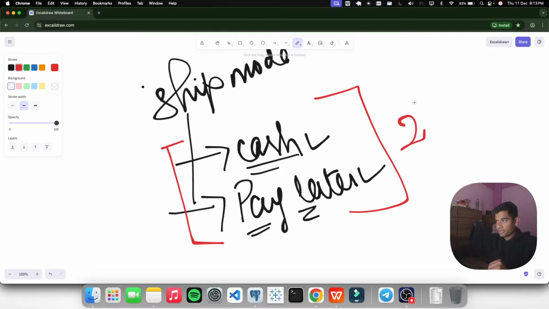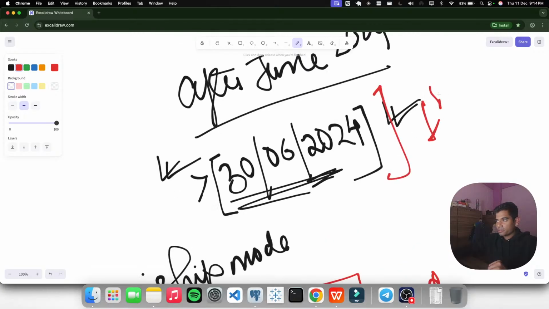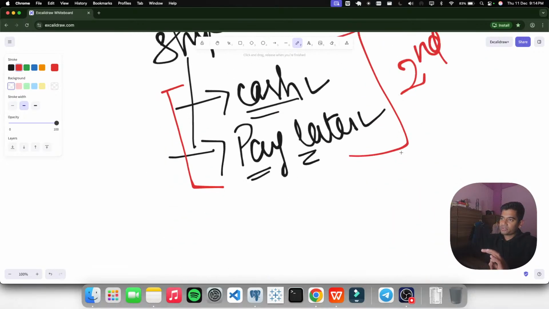This is the second condition and this is the first condition. These are the two conditions which we have to take care of.